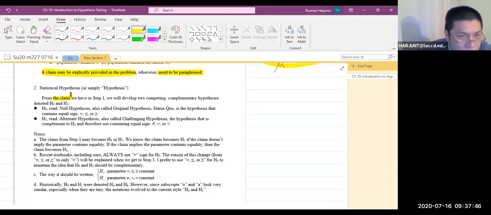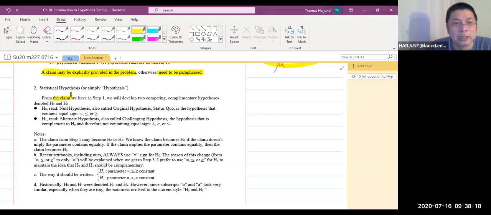H0 is read null hypothesis, also called original hypothesis or status quo, the hypothesis that contains the equal sign. While the alternate hypothesis, denoted by H subscript 1, is also called the challenging hypothesis, the hypothesis that is the complement of the null hypothesis, and therefore not containing the equal sign.